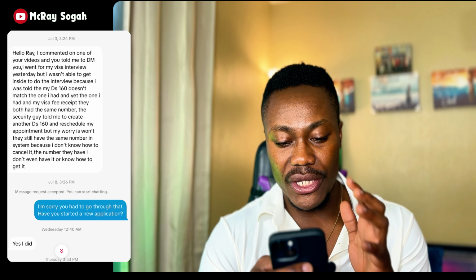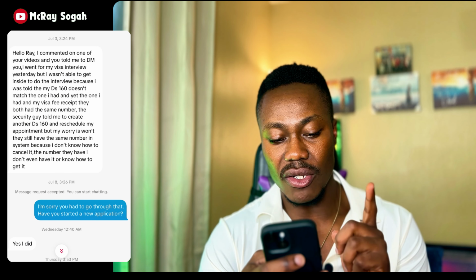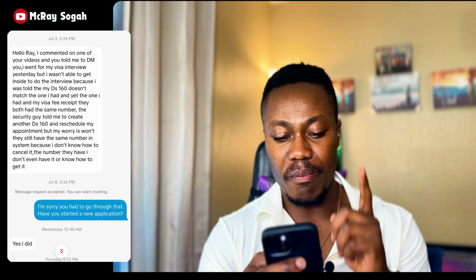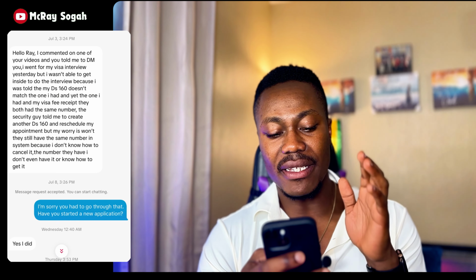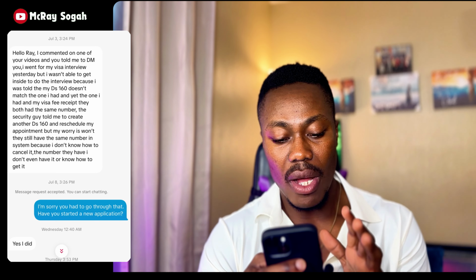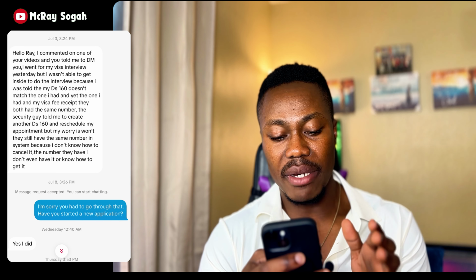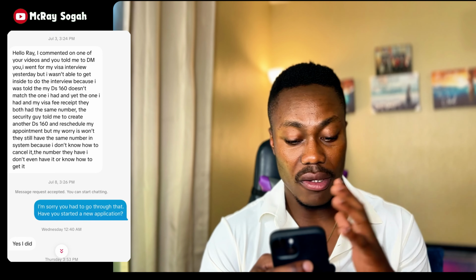The security guy told me to create another DS-160 and reschedule my appointment. But my worry is, won't they still have the same number in the system? I do not know how to cancel it. The number they have, I don't even have it or know how to get it.